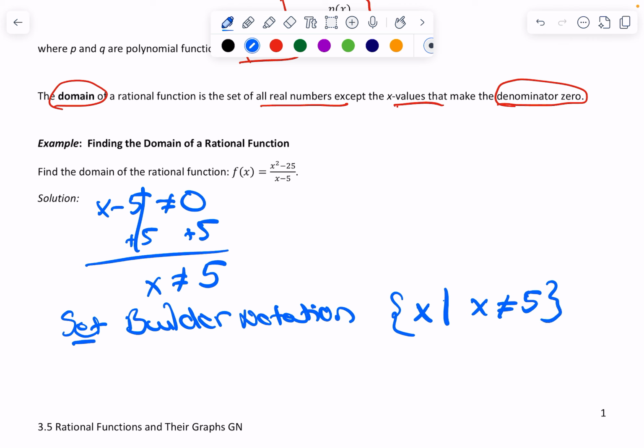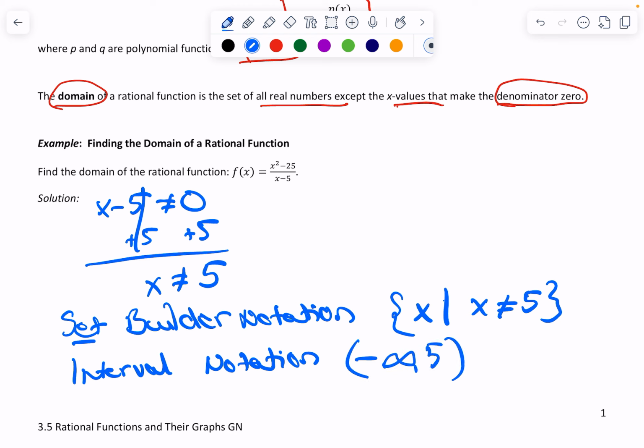And that's the set builder notation. Now, the one that we've been mainly using is the interval notation, which is negative infinity to 5 in parentheses on both sides because 5 is not included, or 5 to infinity. And again, 5 is not included, and infinity always has parentheses around it.